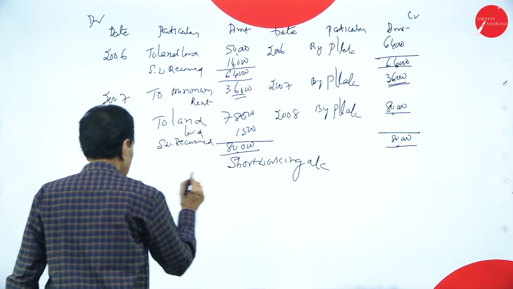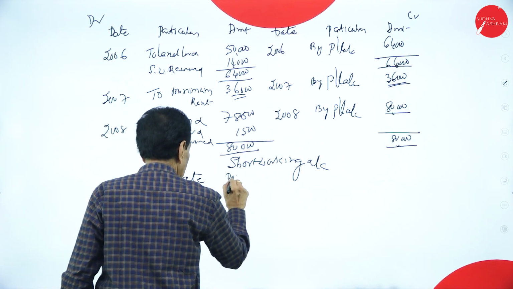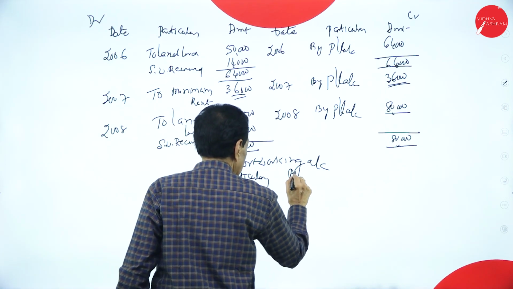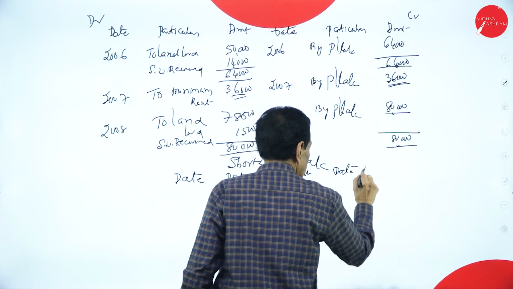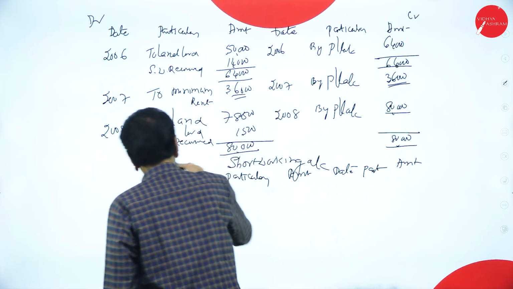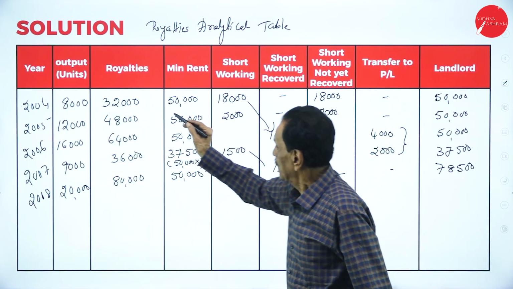Last. Date, particulars, amount, date, particulars, amount, debit. First year royalty.